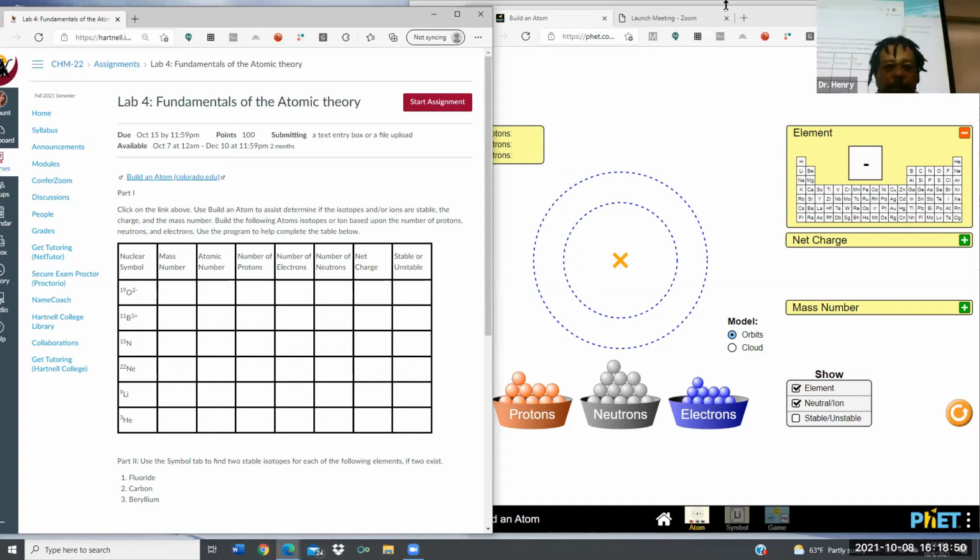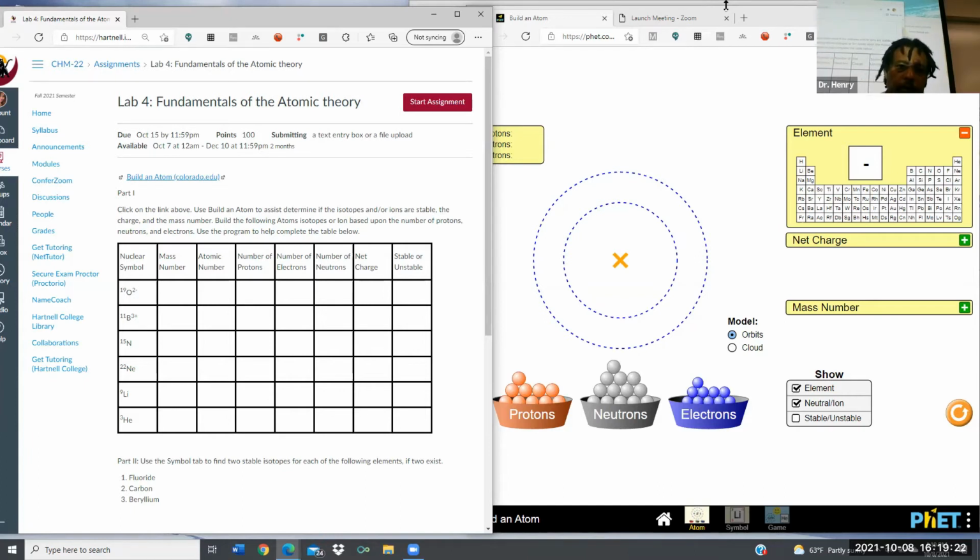So the mass number is equal to the sum, or it's the number of protons plus the number of neutrons. And it also represents an estimate of the mass of the atom.